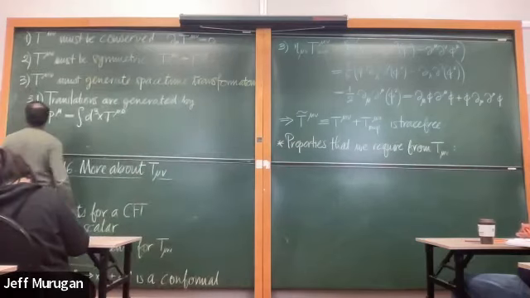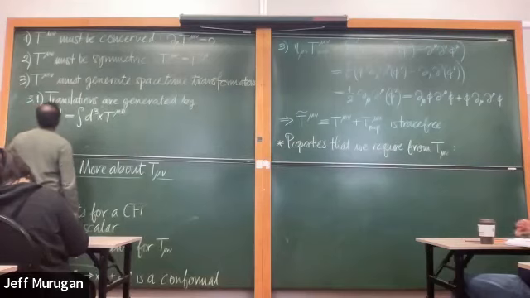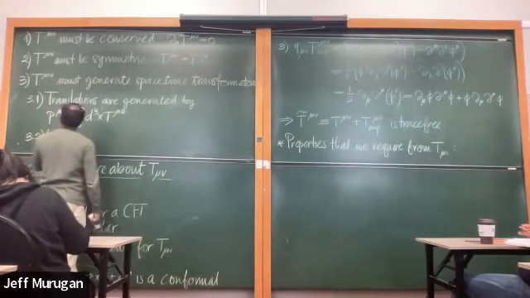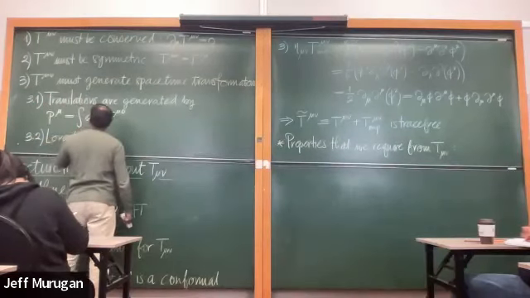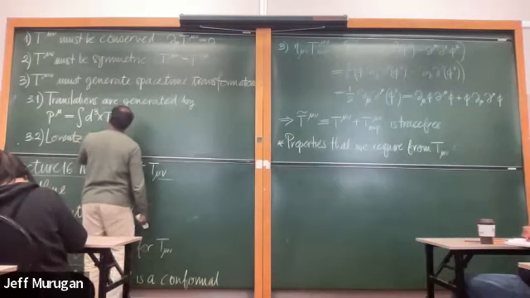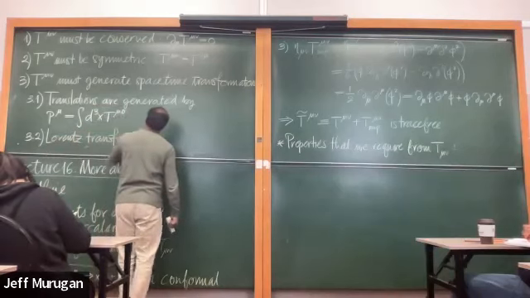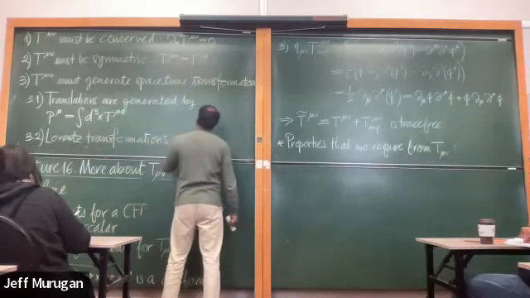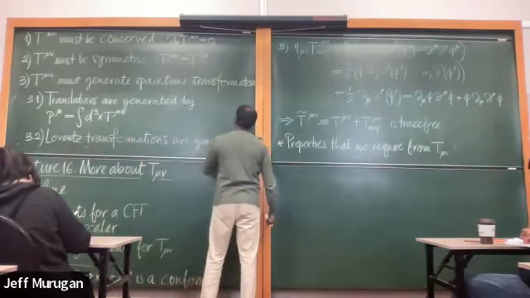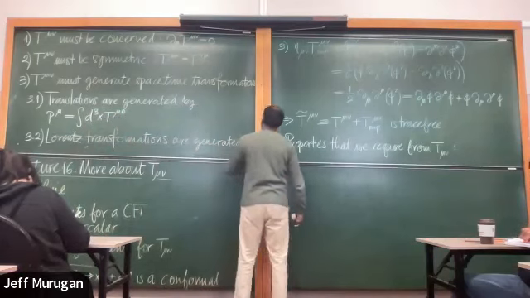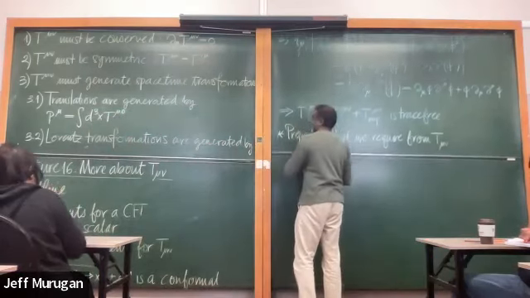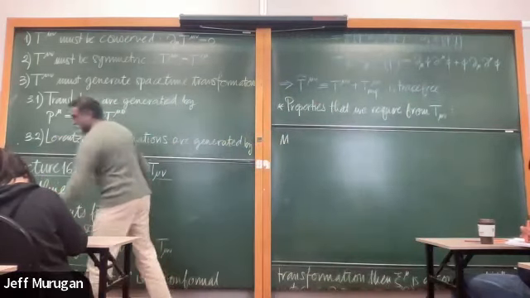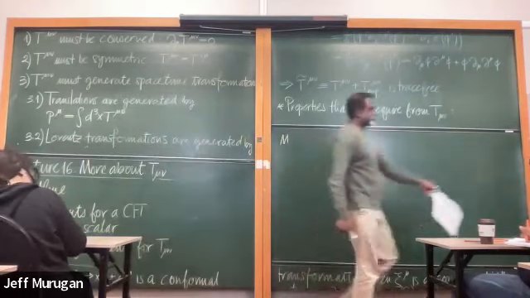And then Lorentz transformations are generated by operators that we will call M mu nu, as in the past.